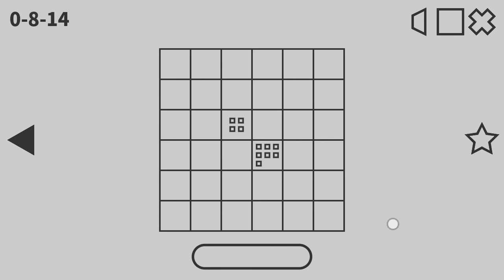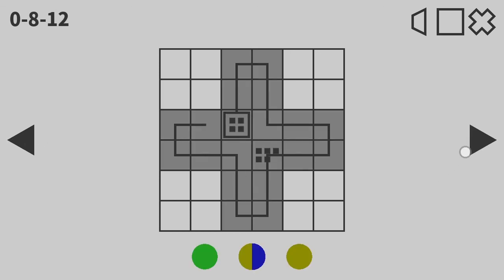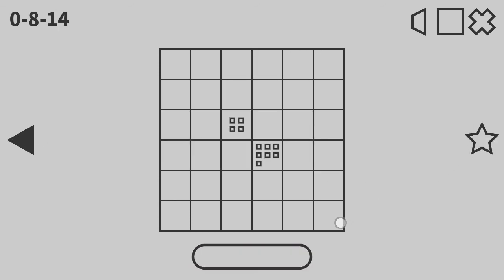Okay, one more time. 7 and 4. 7 and 4. 7, 14, 21, 28, 28. How big is this thing? So just remove 8. Just remove 8.